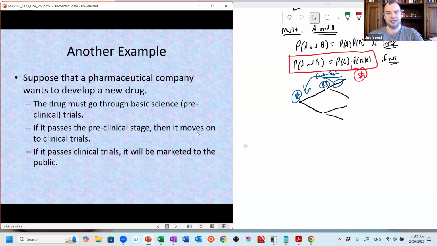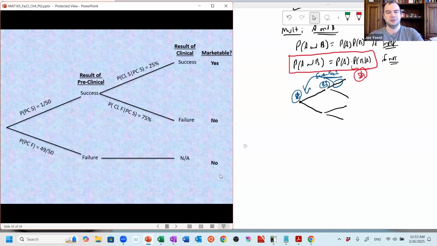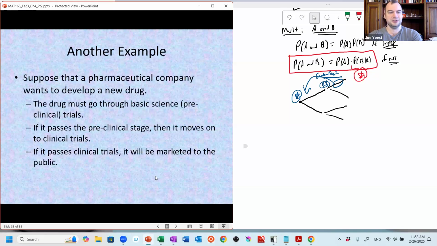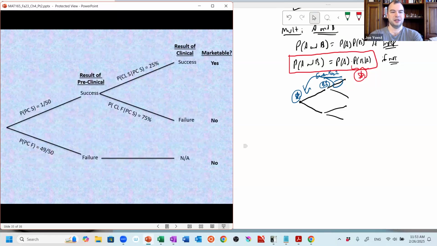Okay, and here's another side example. I'm not really going to go through this because I think it'll take more than 7 minutes, and sometimes when we have time, I go through it. But really, the crux of the idea here is that pharmaceutical trials are complicated, and the successes need to pay for the failures. If we were to look at a scenario like this, these are reasonably accurate numbers from about 10 years ago.